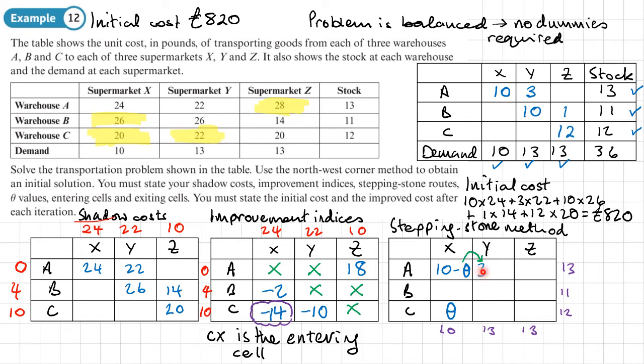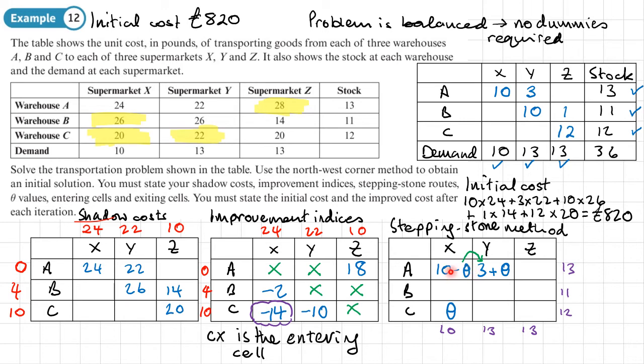Now put that 3 in, I now need to look at the total of this row. Now at the moment, with this theta that I've put in to make this column balance, this row doesn't add up to 13 anymore. It's actually 13 minus theta. So to keep it balanced, I put 13 plus theta.